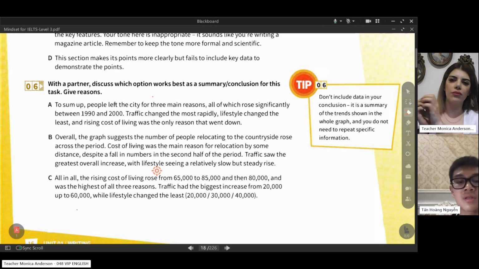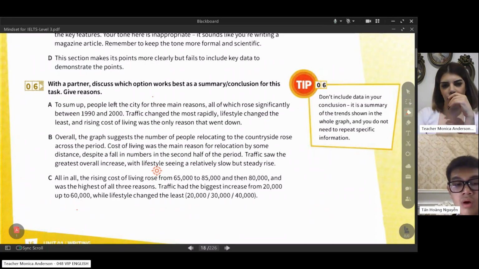Cost of living was the main reason for relocation by some distance. Despite a fall in numbers in the second half of the period, traffic saw the greatest overall increase, with lifestyle seeing a relatively slow but steady rise.